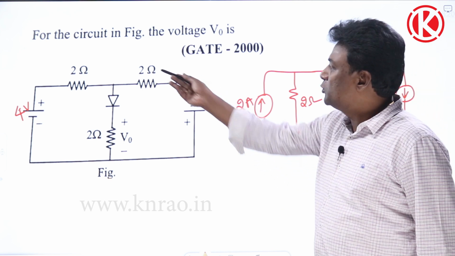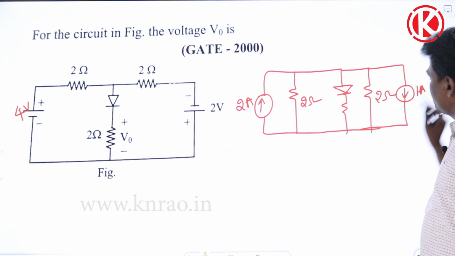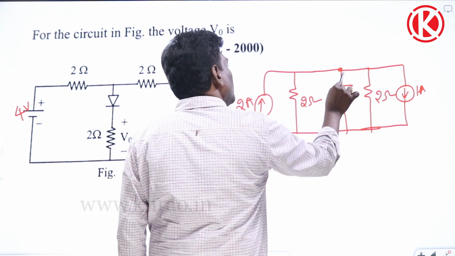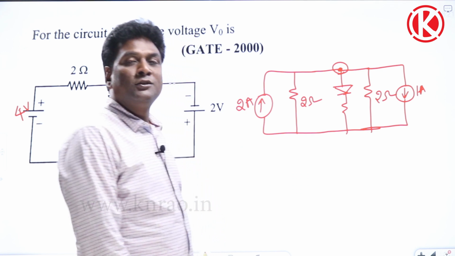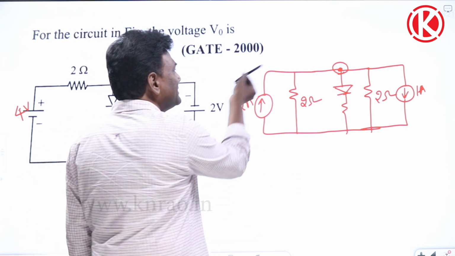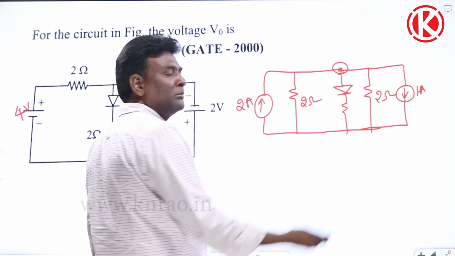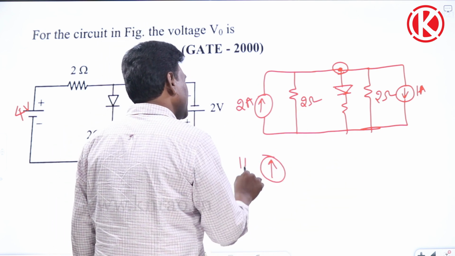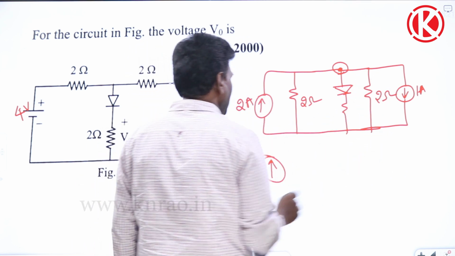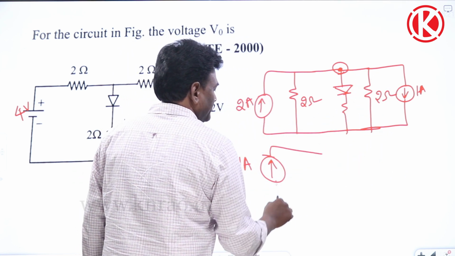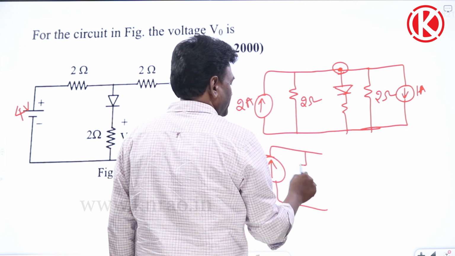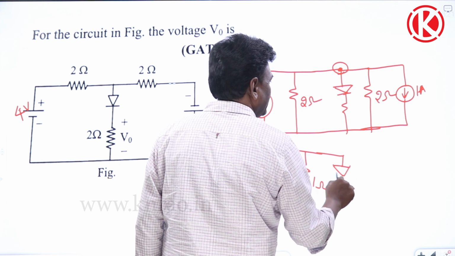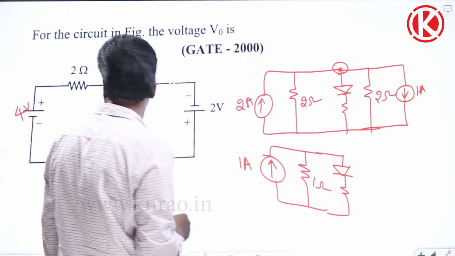That is going to be 2 by 2, 1 ampere in downward direction. Okay, now if you see this particular node, with current sources, 2 amperes is entering, 1 ampere is leaving. So the equivalent is going to be 1 ampere. So net is going to be 1. And 2 and 2, 1 ohm. And now if you see this diode, what is this resistance? 2 ohms.